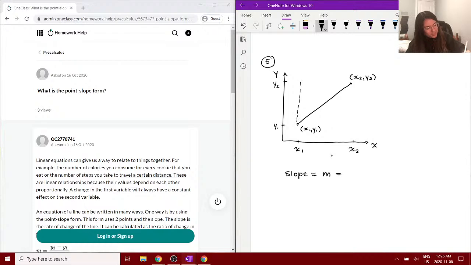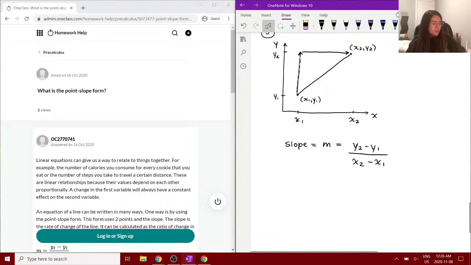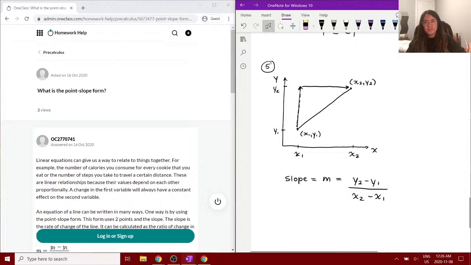If we go this way, we want to know what y2 minus y1 is to travel vertically that far, and in order to travel horizontally that far, we need to know the difference between x2 and x1. Might be a little bit of a confusing way of explaining that.